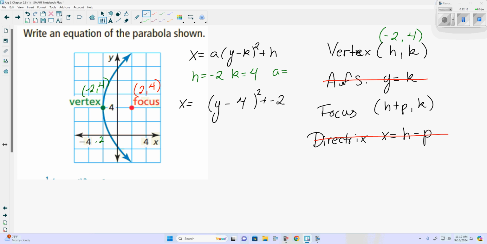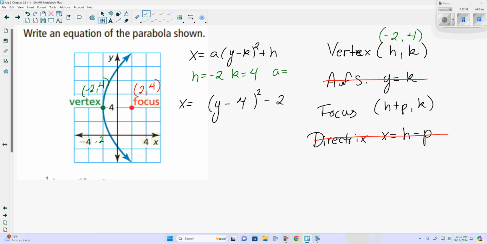But we don't normally write plus -2. We can just say -2, yes? How much of this equation do we have? We have pretty much the whole thing, yes? We're just missing the number that goes in place of a, our 1/4p, yes? So, I need to find P.